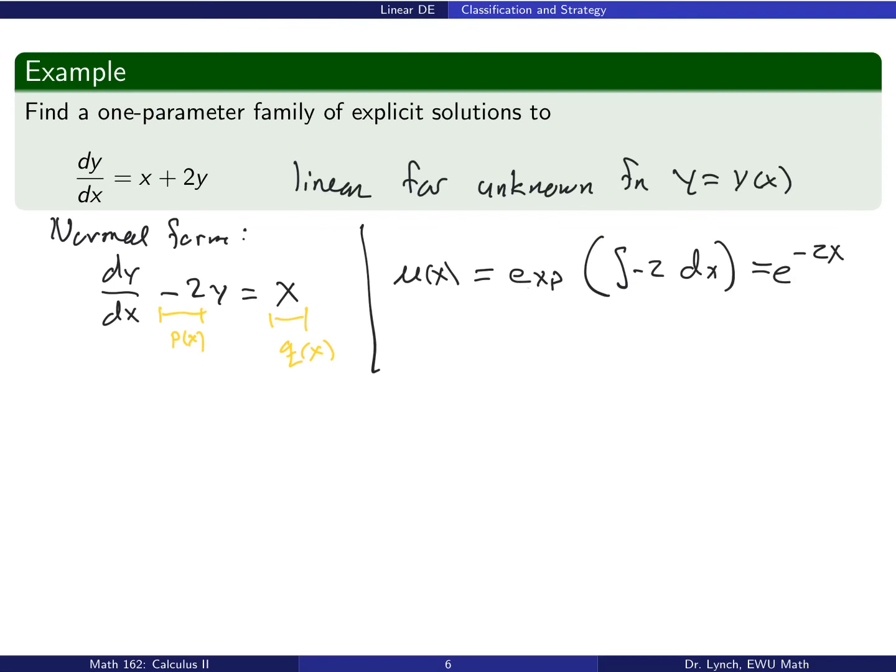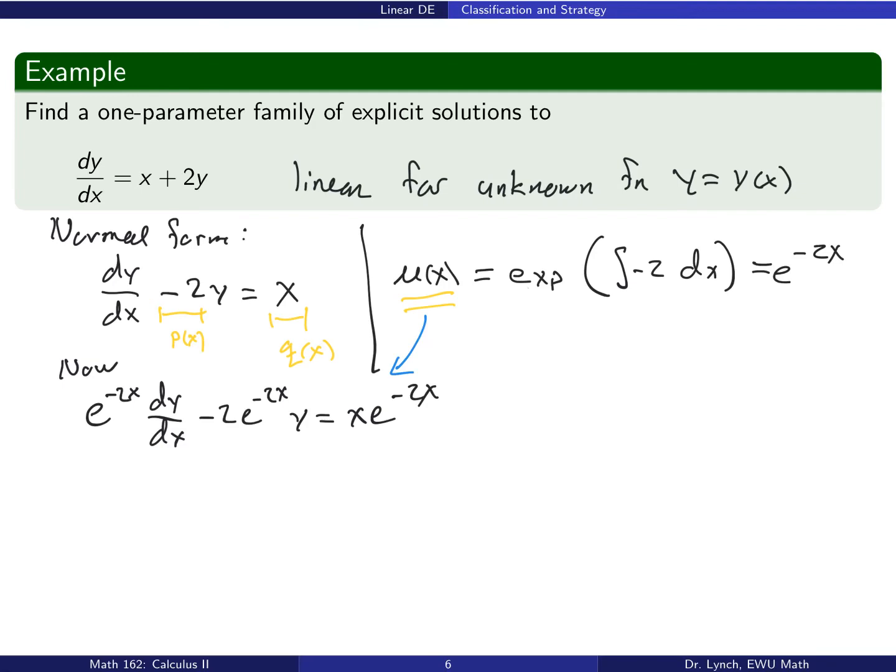So according to our strategy, multiplying through our differential equation by this factor of mu of x should reveal a product rule. Let's check it out. So here's our differential equation, multiplying through by our integrating factor, mu of x. We see that e to the minus 2x dy/dx minus 2 e to the minus 2x y is equal to x e to the minus 2x.